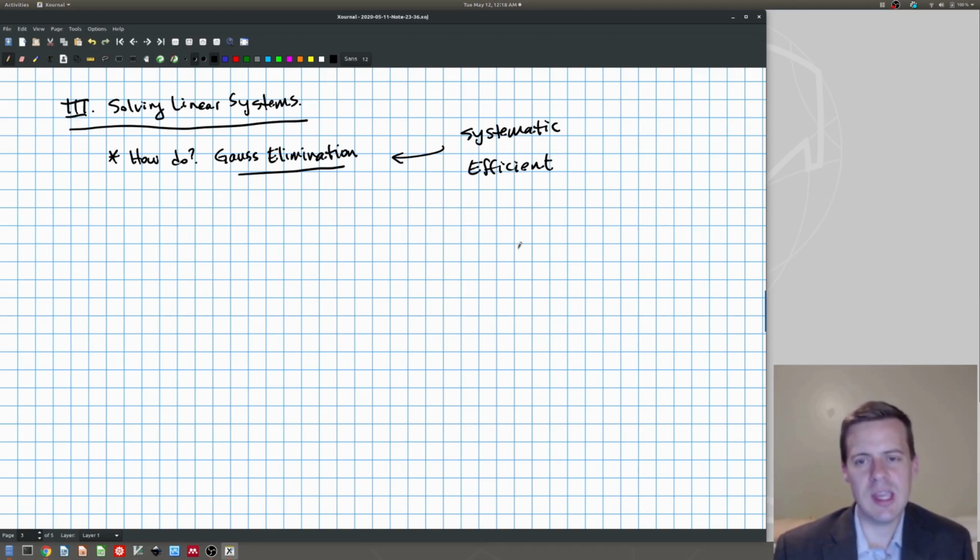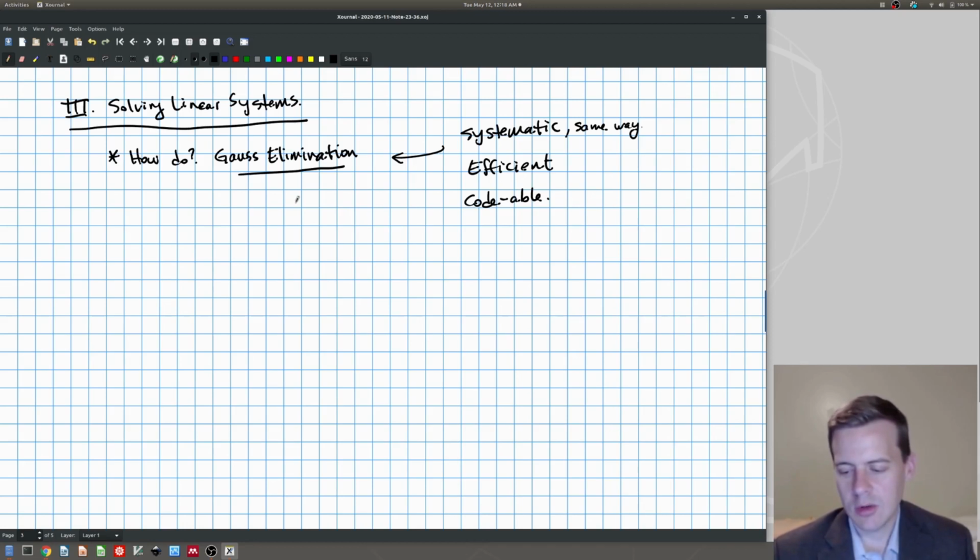You can do it the same way every time. That's what I mean by systematic. Efficient meaning you're not going to have to do that many steps. And it will be codable. We're going to be able to take this process and turn it into code.